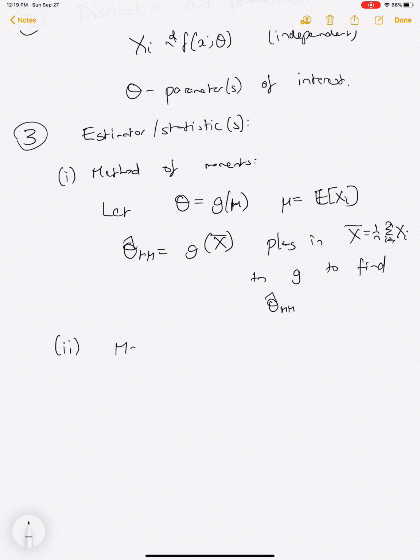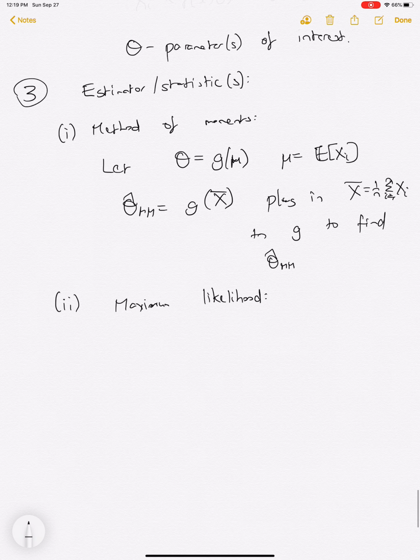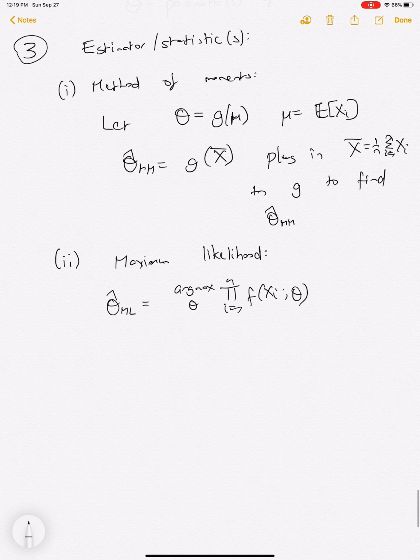And then we spent more time on maximum likelihood, because the procedure at first might seem a little more complicated, but gave us, as we saw, some pretty nice properties. So theta hat ml: you just multiply the PDFs.